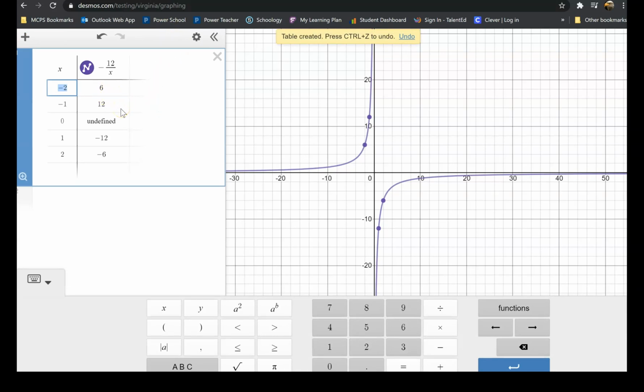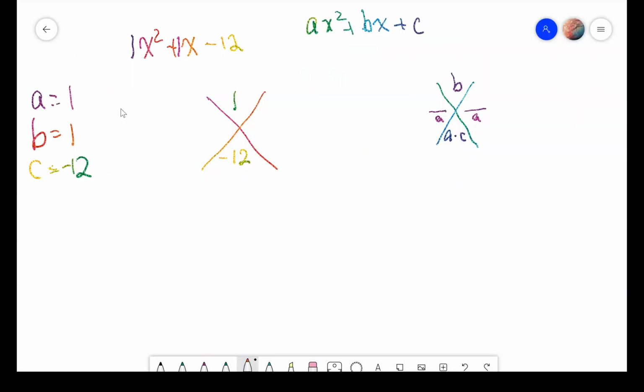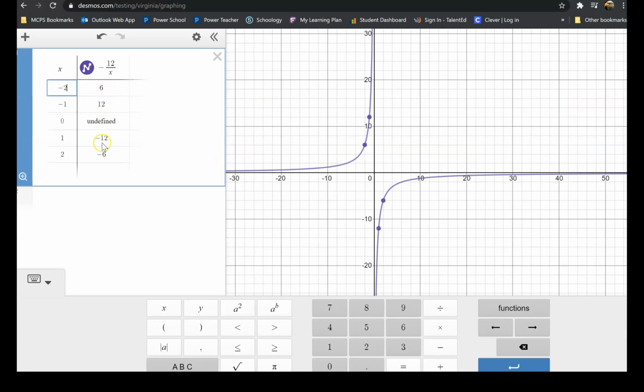None of these look like they're going to give me the 1 that I need. So I'm going to erase this one, and I'm going to go with 3. Oh, there we go. But that's going to give me negative 1. I want positive 1. So what happens if I change this to negative 3?